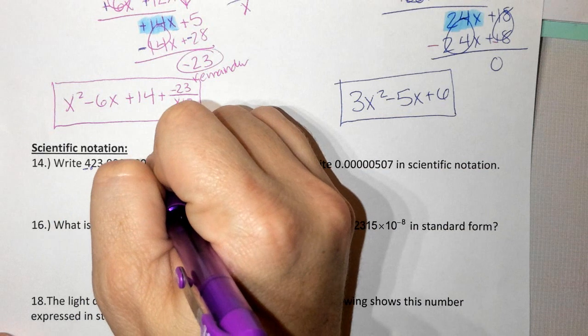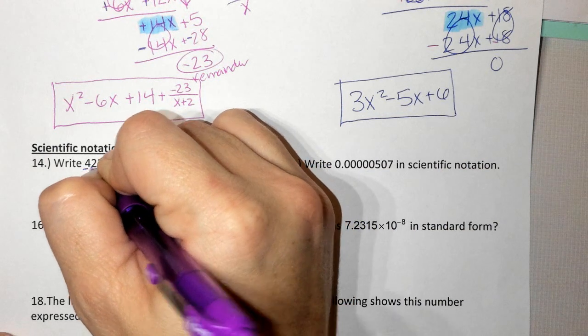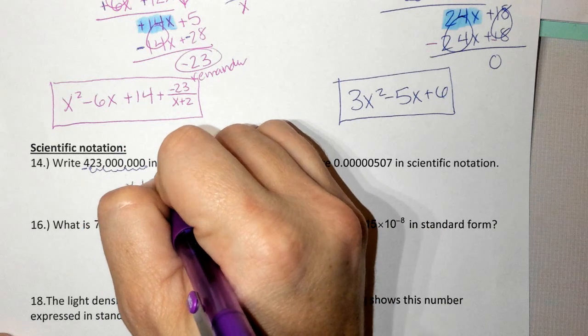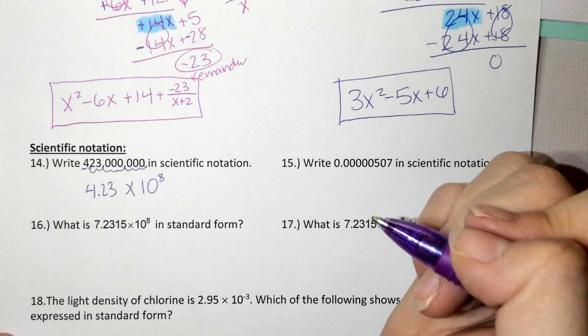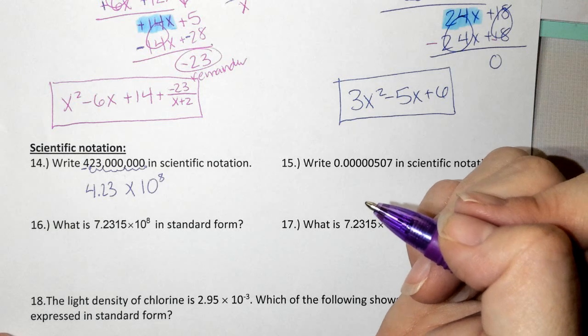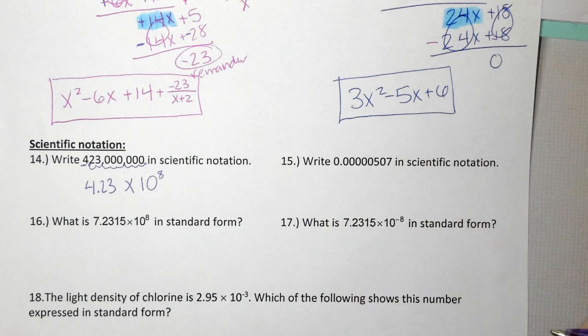So I'm going to move it to the left. 1, 2, 3, 4, 5, 6, 7, 8 times. So it's going to be 4.23 times 10 to the 8th.